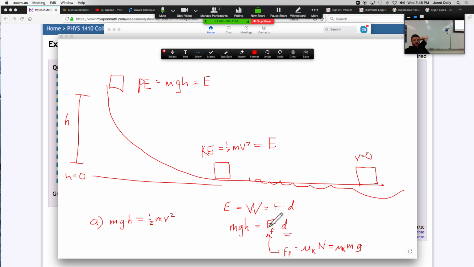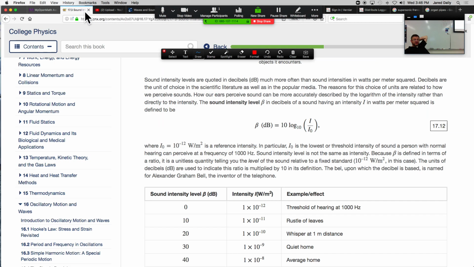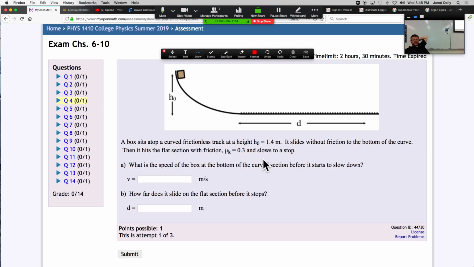So this goes back up to here. So this equals mu k times mass times gravity times the distance it travels. And we know mass and gravity, and I think they give us mu k. They should. Yep, they tell us the kinetic coefficient of friction there. So then we're good to go.